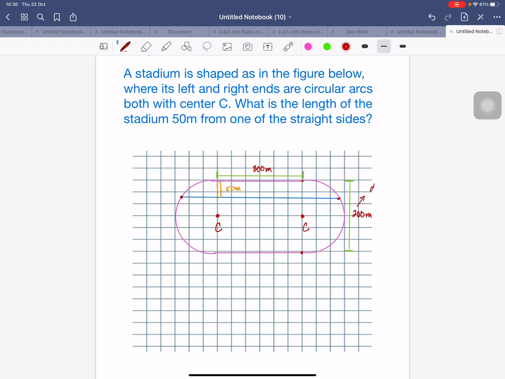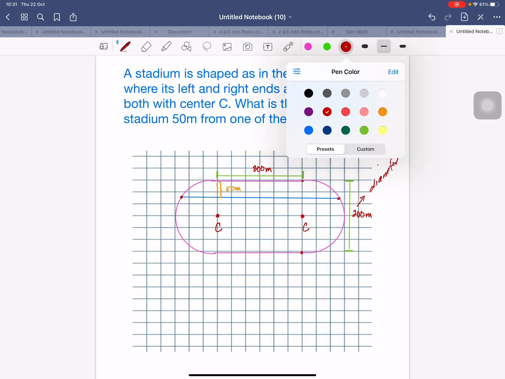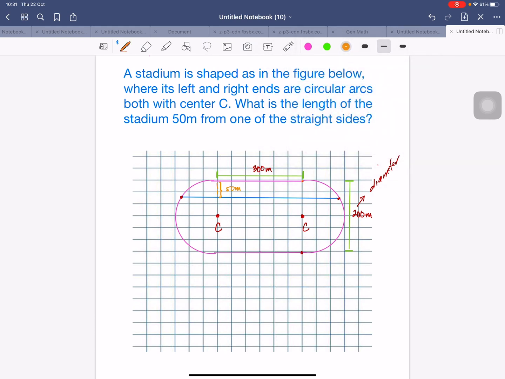just your diameter. So it would be from this point going to this point, passing through the center and to the end of your circular arc. That is your diameter.